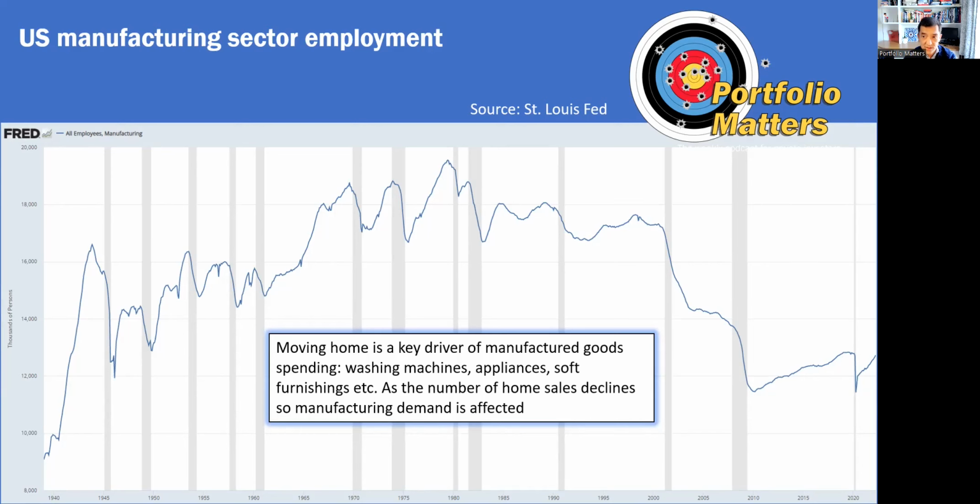And as the housing market turns down, it tends to also cause a drop in demand for manufactured goods. And that leads to a fall in manufacturing sector employment.